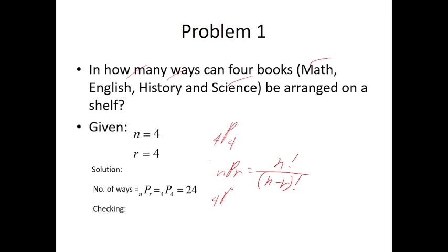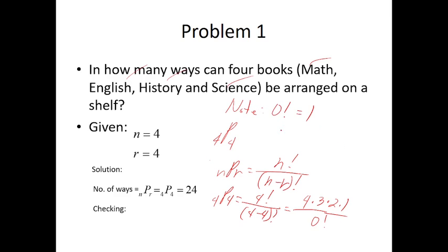So, pag 4P4, 4 factorial over 4 minus 4 factorial. 4 factorial, that is 4 times 3 times 2 times 1 over 0 factorial. So, special lang 0 factorial. Pag 0 factorial, that is 1. Automatic yan. Ano yan? Identity. 0 factorial is equals to 1. Okay? So, that is 24 over 1. And that is 24. So, ang sagot ay 24. Okay?